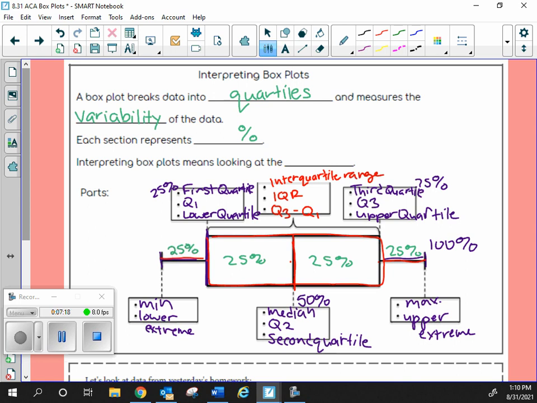Say it louder and prouder. 25. Very good. Because they're called quartiles, they represent 25%. And the last little bit, interpreting box plots means looking at the measures of spread. Hopefully my different colors are helping track all the words. Once you get all those words copied down, you can put your fixed stats line away and you're ready to go.